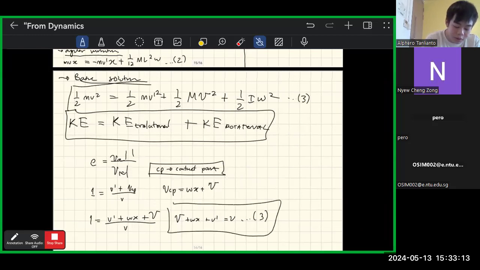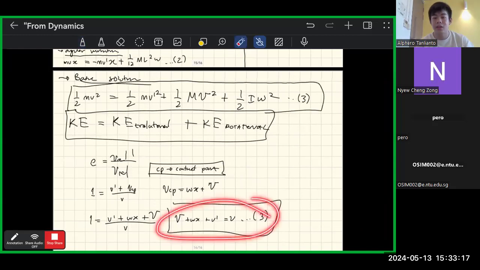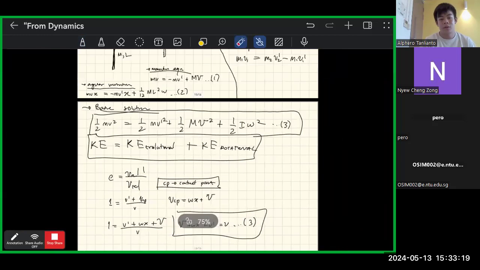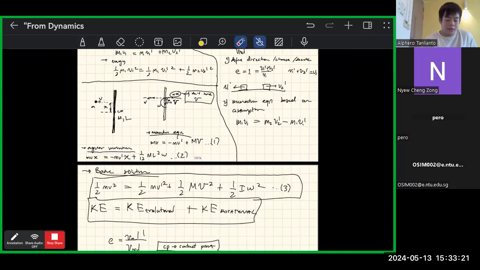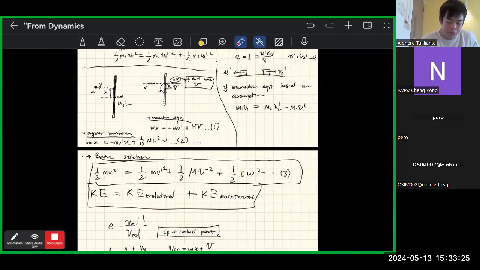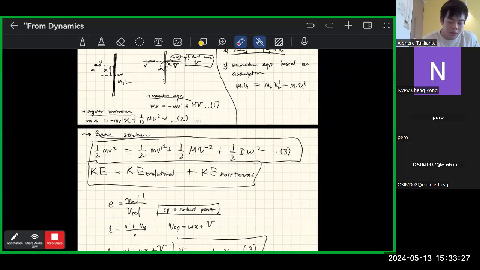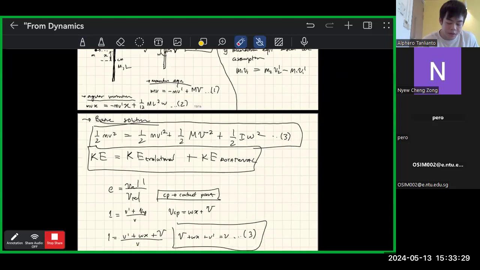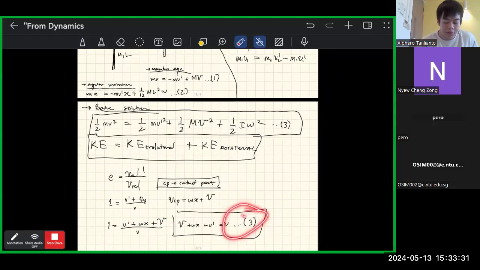Because the original equation is very rigorous, but this equation is very friendly to work on. That's actually the coefficient of restitution. You can solve this yourself if you want. So 1, 2, and 3 here, and this is the alternative 3 that I use, and you will get the exact same answer.